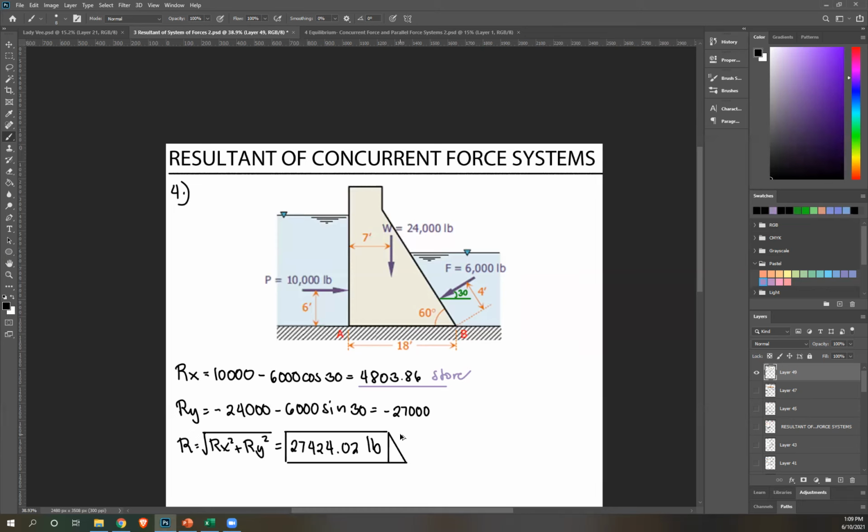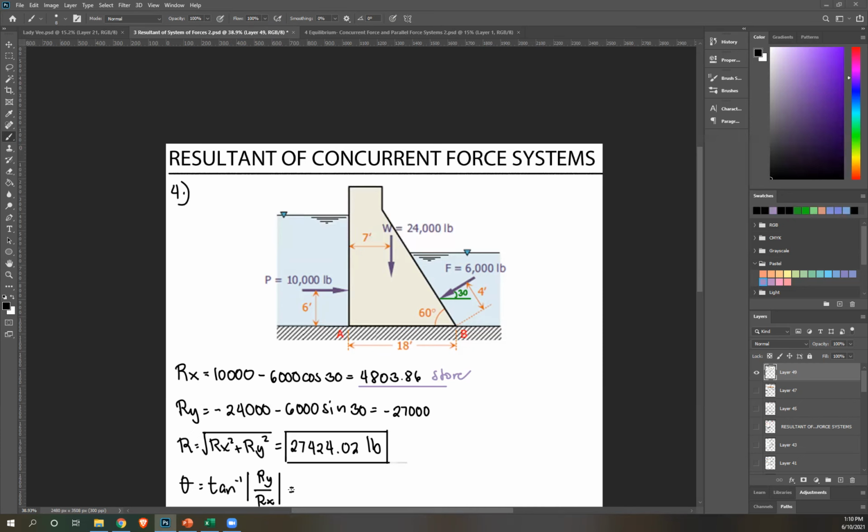Next, you want to know its inclination. Arctangent. Please solve. What's theta? Correct. It's 79.91. Who got it?